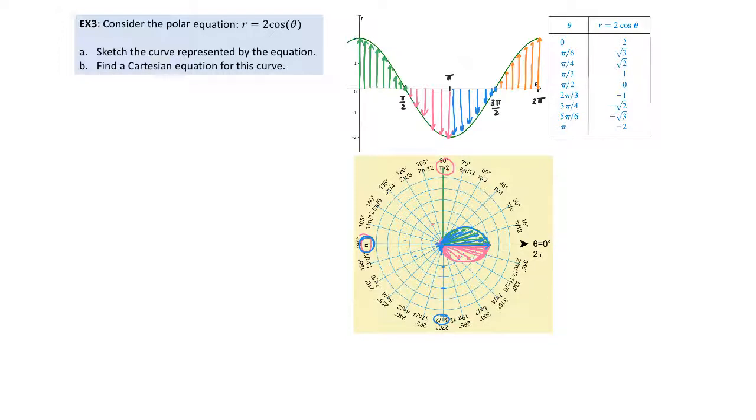So at 3 pi over 2, we are at the pole. And then the rays are getting larger and they're positive. So they're going to be matching up with the pink rays, just like that. And at 2 pi, we are on the polar axis. So honestly, we never got anything new.